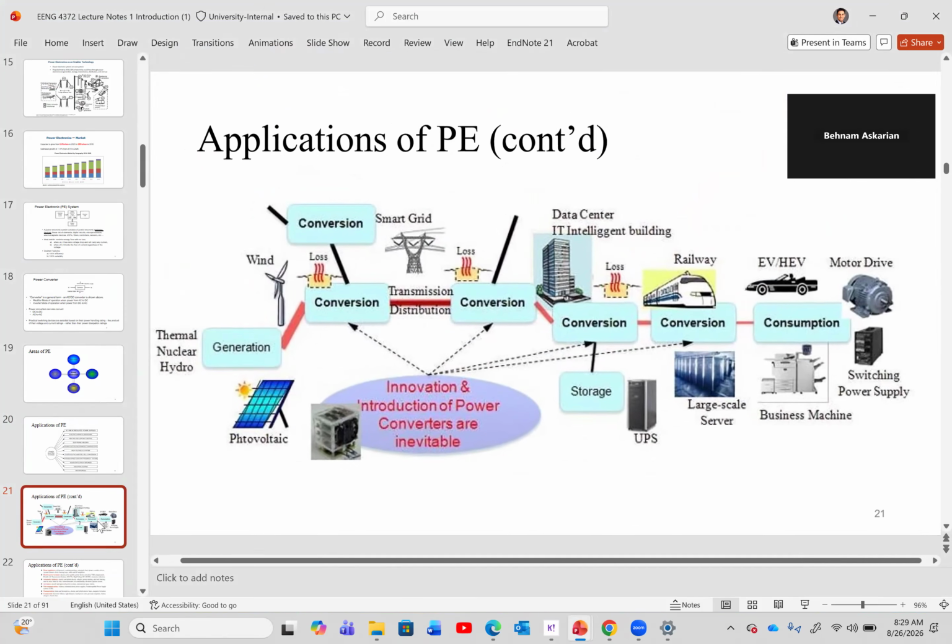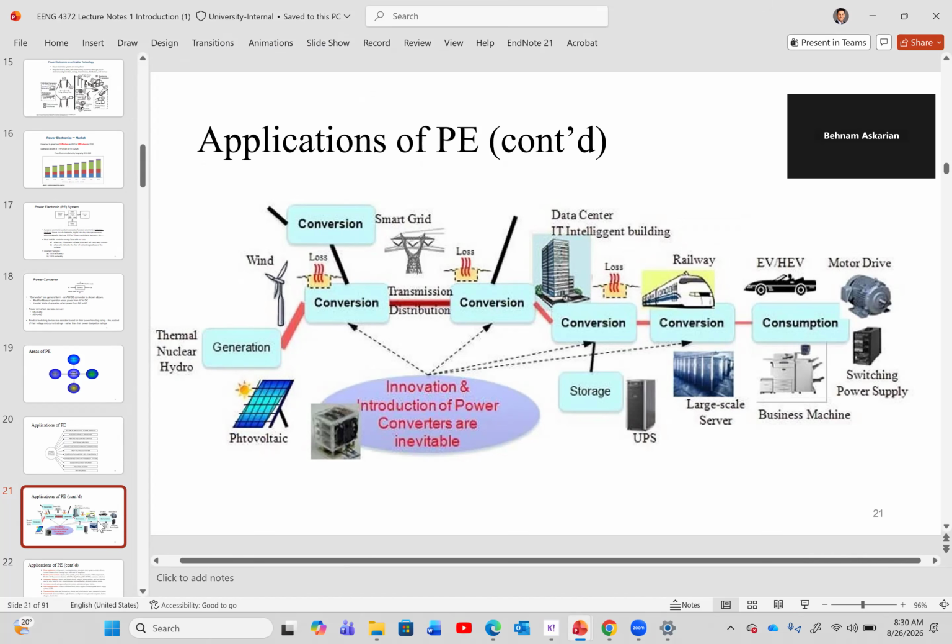Now, some other applications, you can see that now we're using smart grids and microgrids, we can communicate between these power systems, these smart grids, there's renewable systems, and we can synchronize them. If there is a surge in demand, we can increase the production or the power plant, and it goes from the production down to consumption.